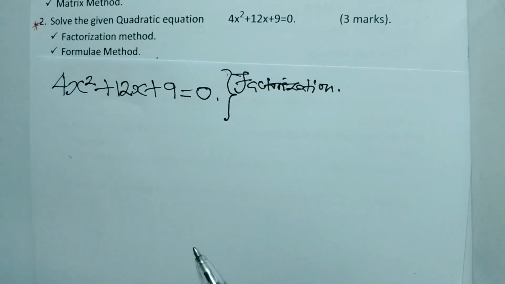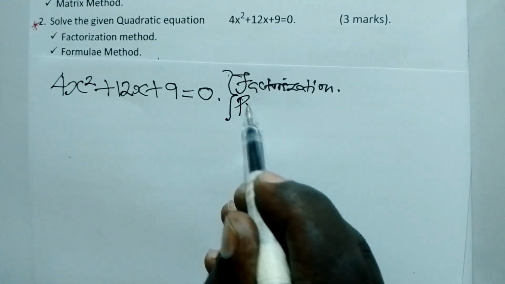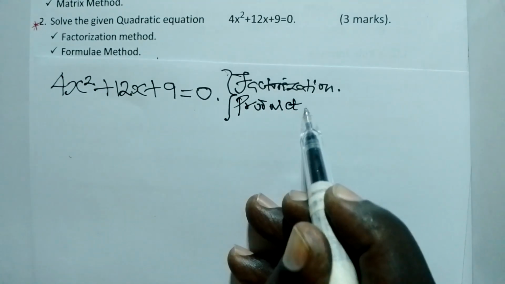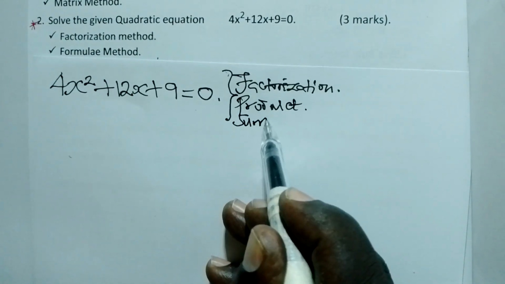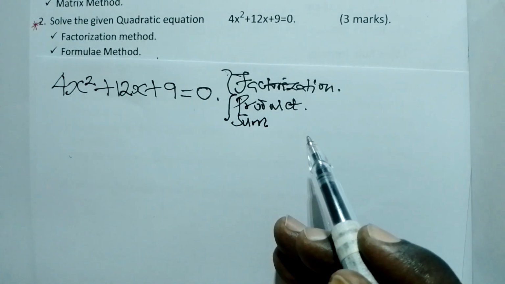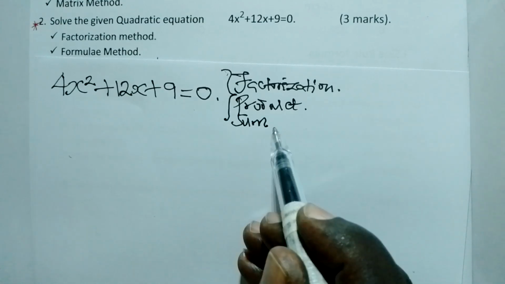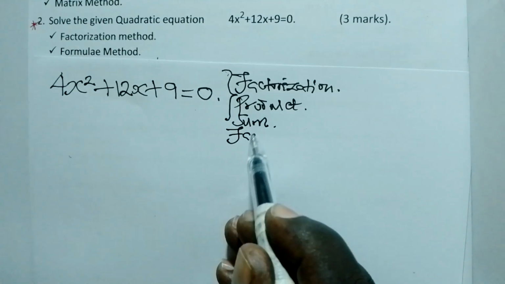One, we are going to consider the product of the common terms. We have to know the sum of these factors that we are going to get, and then the factors themselves.